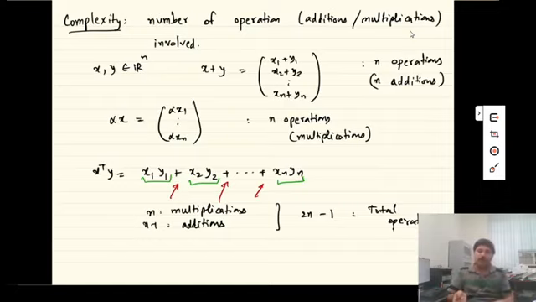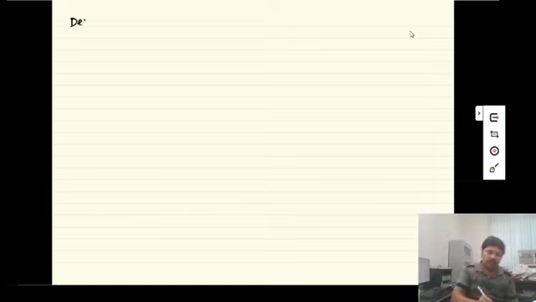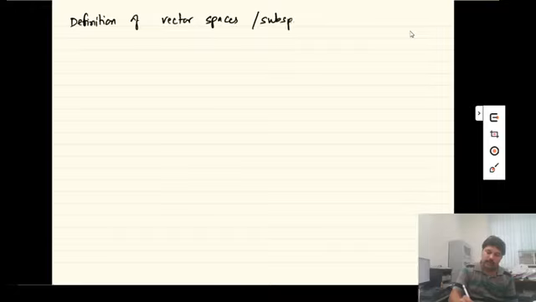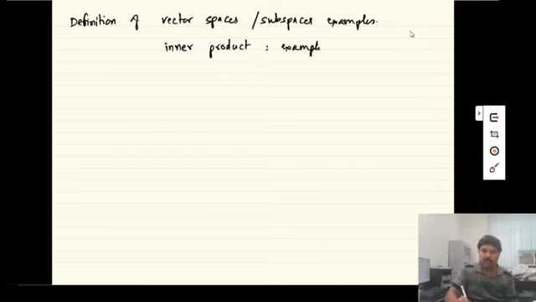So in summary, what we have done today: definition of vector spaces and subspaces, examples, inner product, examples, applications, and the concept of computational complexity.